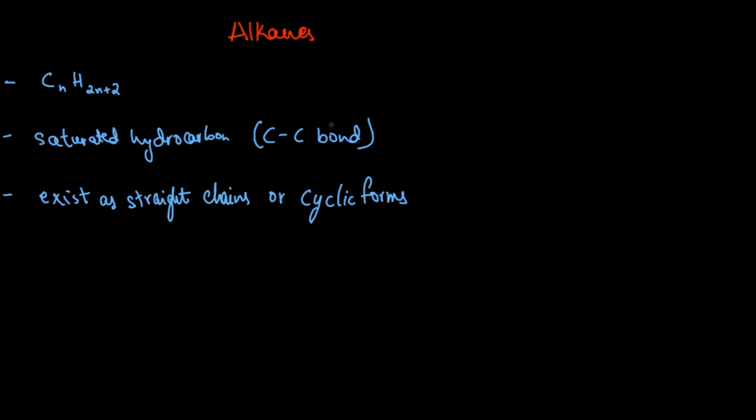Another point is that alkanes exist as straight chains or cyclic forms. An example of this would be to take any alkane. I am going to take hexane over here, C6H14. Now, one way to write hexane would be to write it like this.